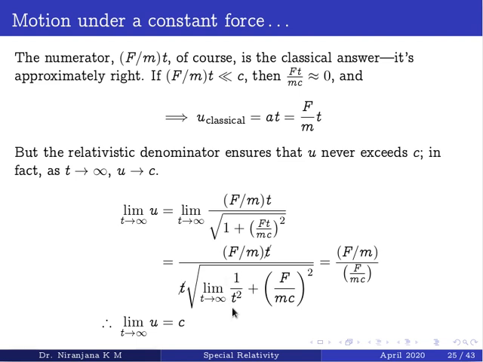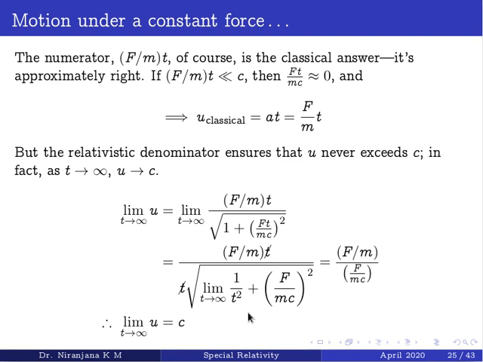Now if t tends to infinity, then 1 by t square tends to 0. So the expression will be just F by m divided by F by mc, because there is a square and a square root, they will go out. Here also F cancels, m cancels, and c goes up, and you can see that as t tends to infinity, u is actually the velocity of light c.